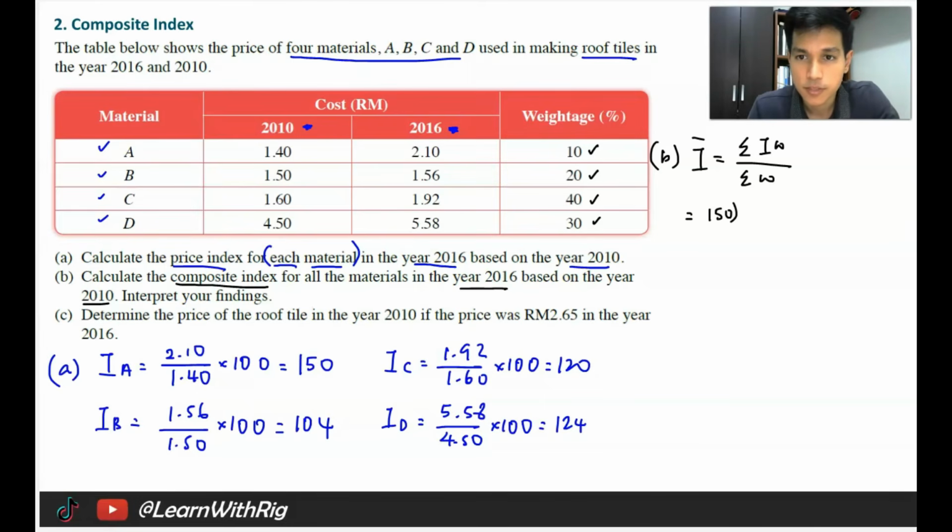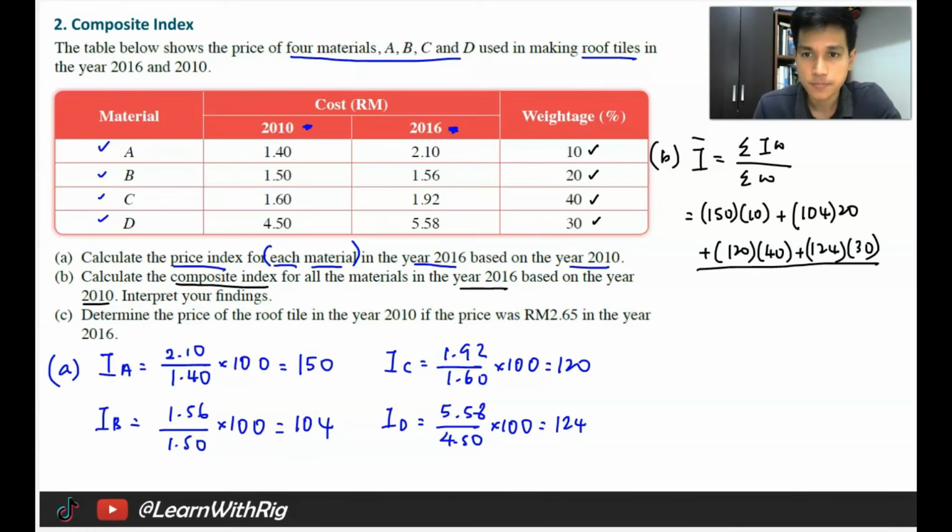So 150 times 10, because that's material A, plus 104 times 20 plus 120 times 40 plus 124 times 30, and then the whole thing you have to divide by the total weightage.